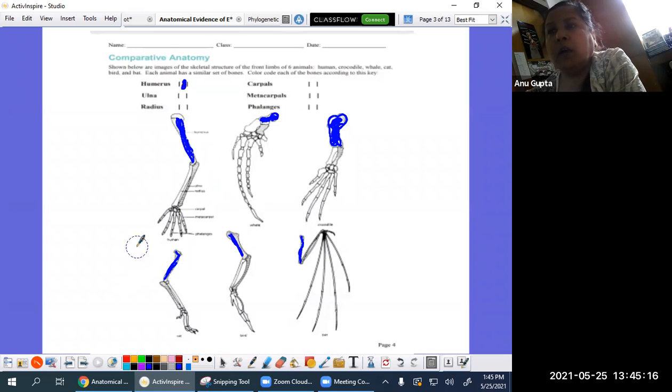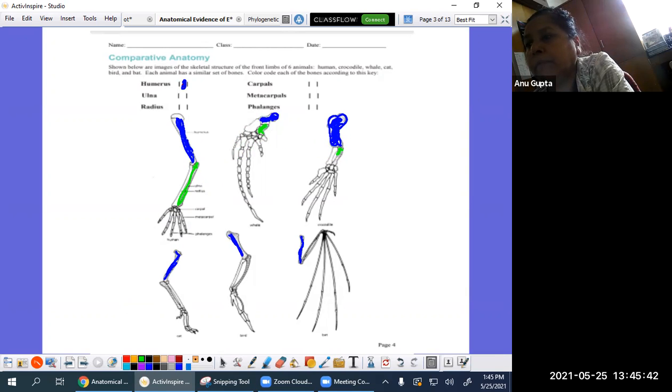Then for the ulna, only for the human arm, they've been labeled. So you can choose a color for the ulna. This is the ulna. So choose the color for the ulna here. This is the ulna here.